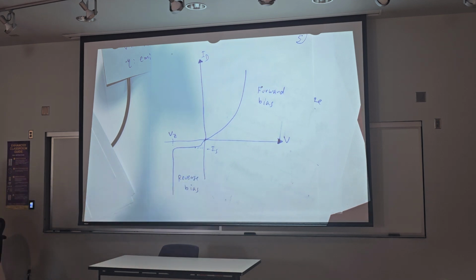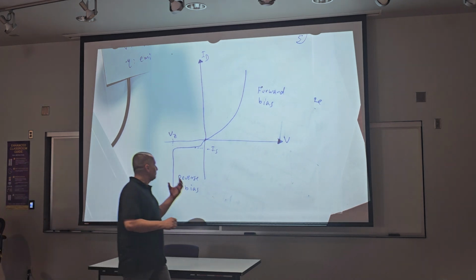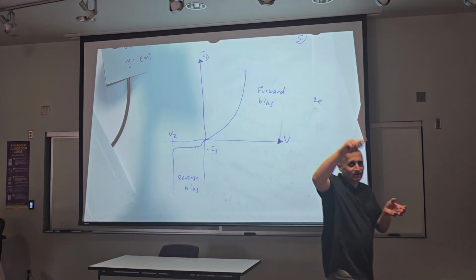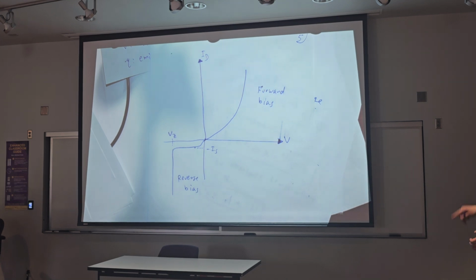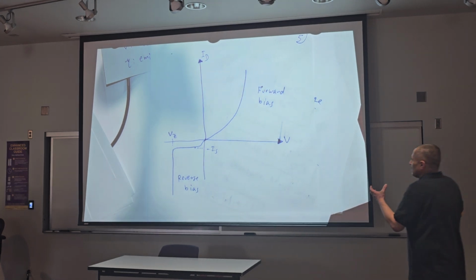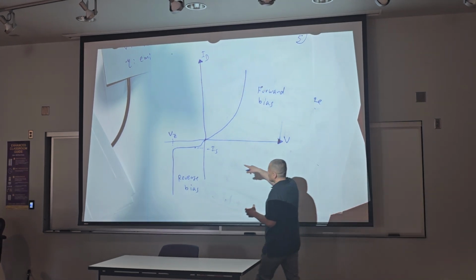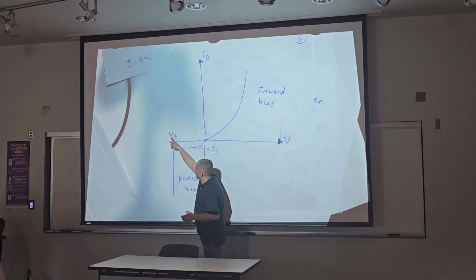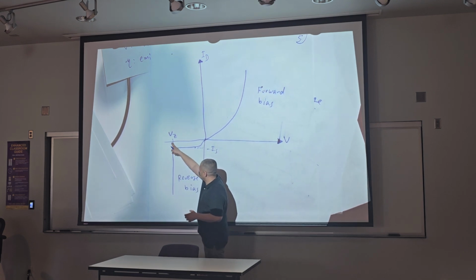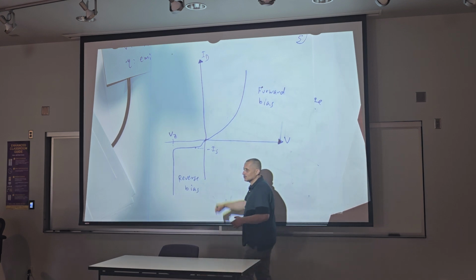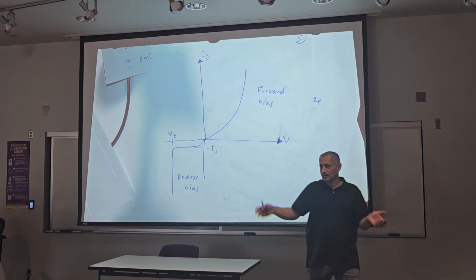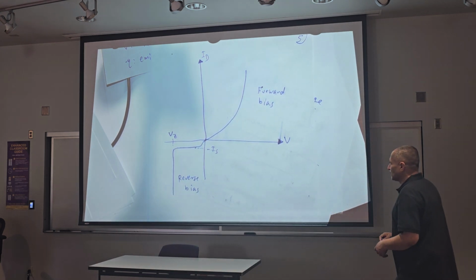Any question about the characteristic? Now, why is the forward bias exponential here, why is the reverse bias constant, and why at this voltage does the current go negative and higher? I will explain.